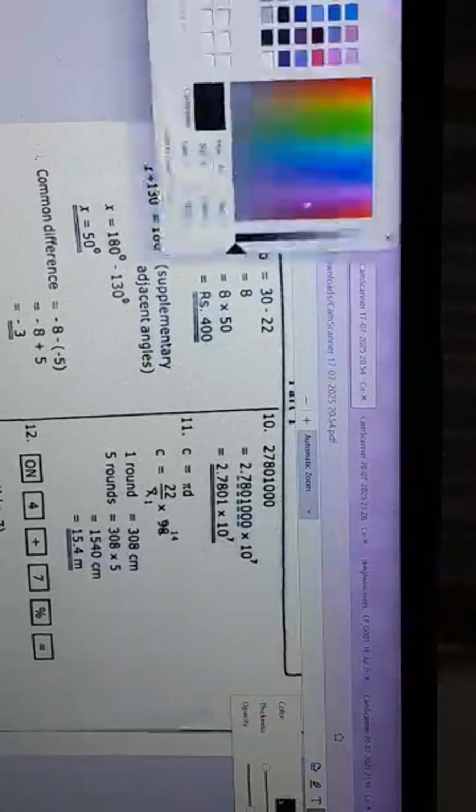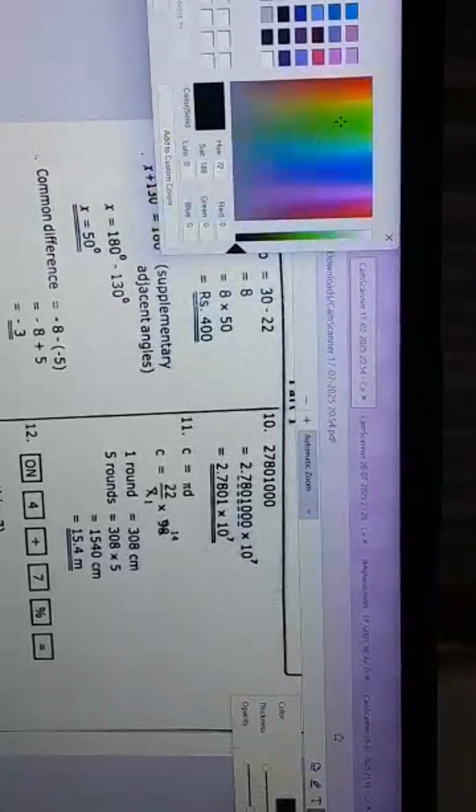The answer is this one. Can you see? Right.